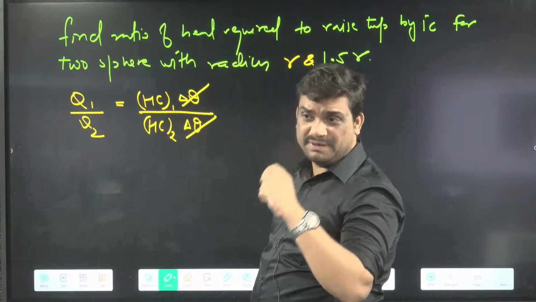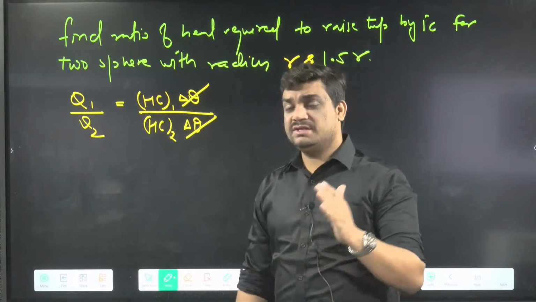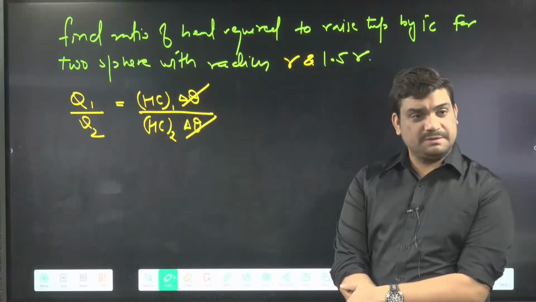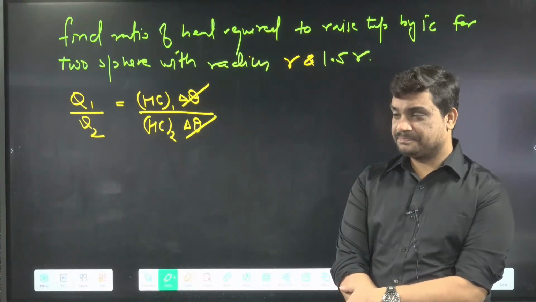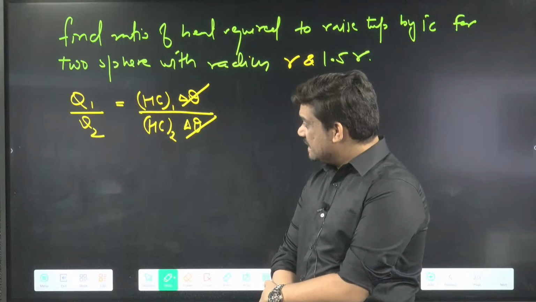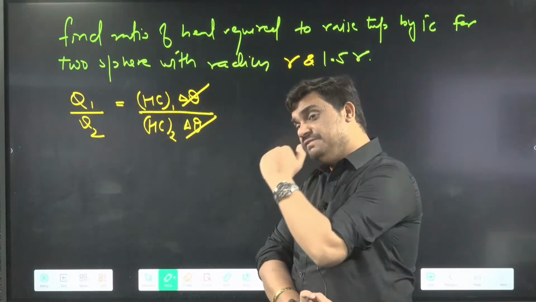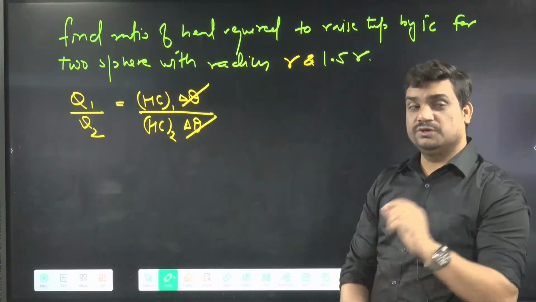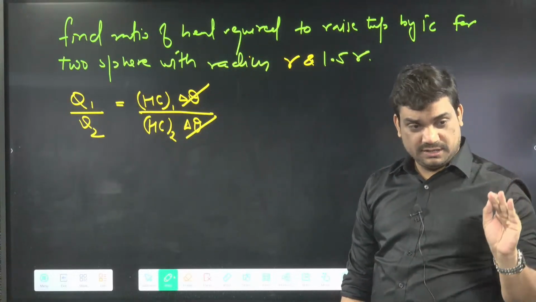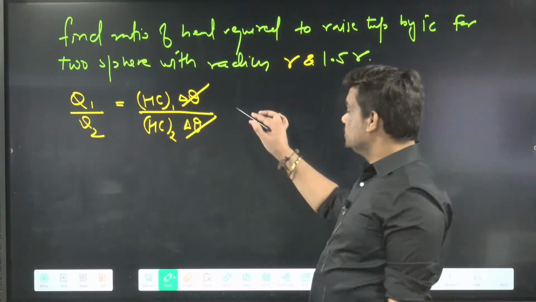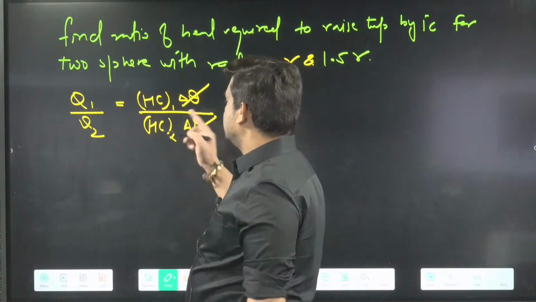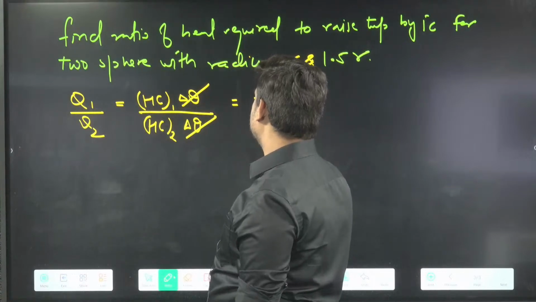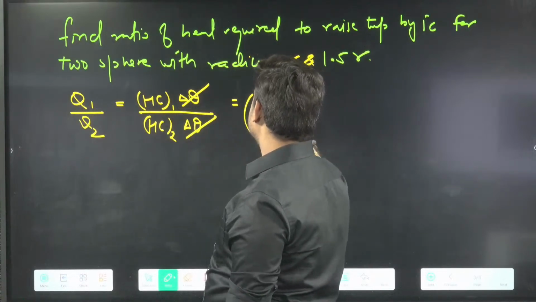So Q1 by Q2 is nothing but HC1 by HC2. And in the previous slide, if you remember, HC1 by HC2 was told to you as R1 by R2 whole cube. So HC1 by HC2 is nothing but R1 by R2 whole cube for the spherical body.